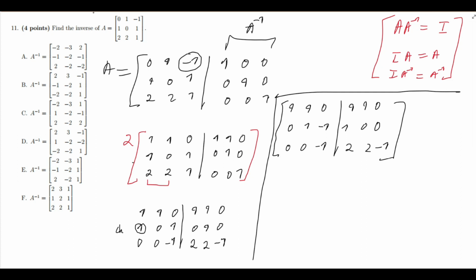We want a 0 here, and we want a 0 here as well. So how can we do that? We can use the second and the third, meaning that the middle row is changing. We'll just repeat the other ones that are not changing. And we have 1, 1, 0, and here we have 0, 0, negative 1, 2, 2, negative 1.